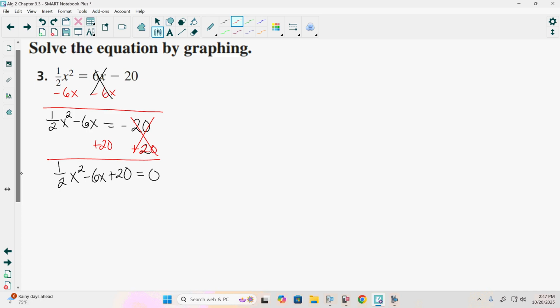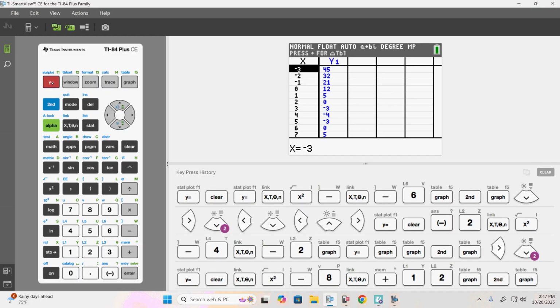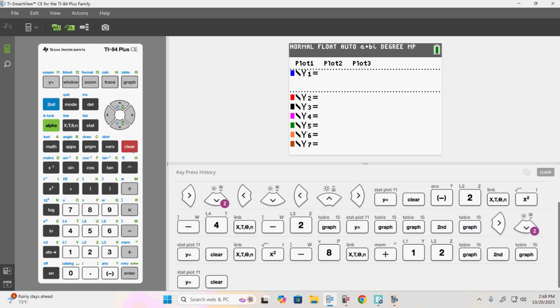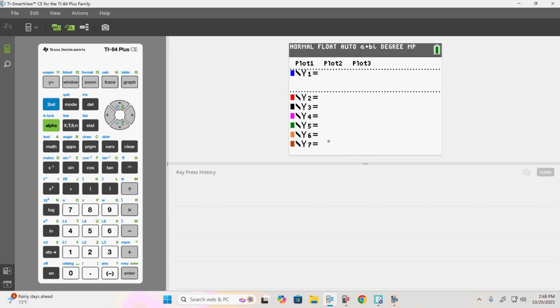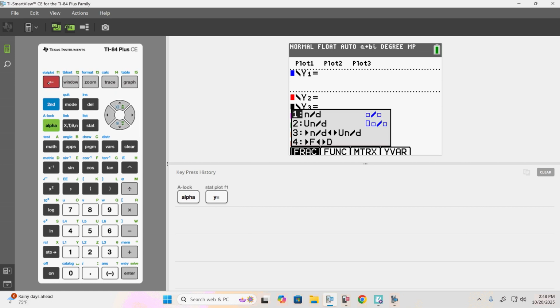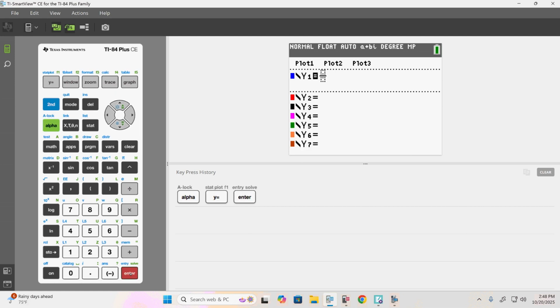Now what we can do is we can bring the graphing calculator up and hit y equals. Now at this point here, we do want to clear out that previous equation. We hit clear. Now the first thing we need to type in is the 1/2, alpha y equals enter.